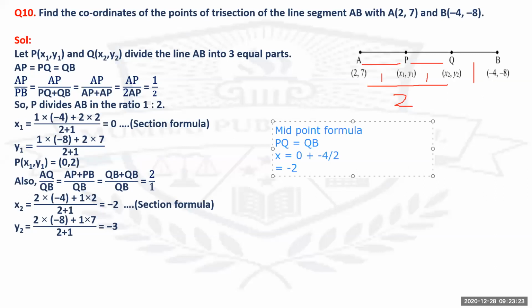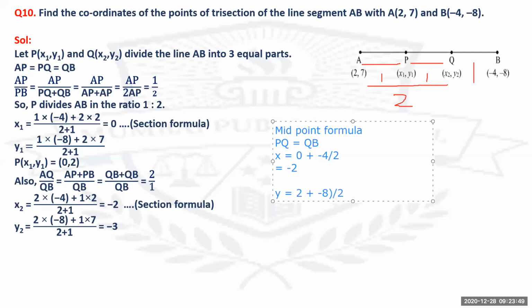And similarly, for the y coordinate, you'll get that as, check, your y1 is 2. So 2 plus -8. Understood? And this you are going to divide with 2.